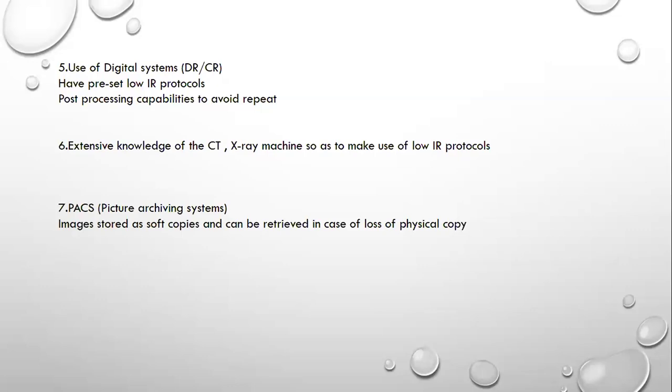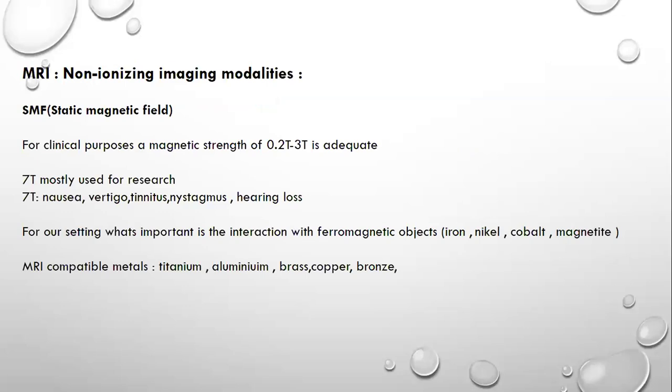So outside of ionizing radiation, we have other imaging modalities which are used and can also be harmful, and patients need protection from these. I'll discuss MRI briefly. MRI uses a magnetic field. So in MRI, there are two things of concern to us relevant to this topic, what we call static magnetic field and radio frequency.